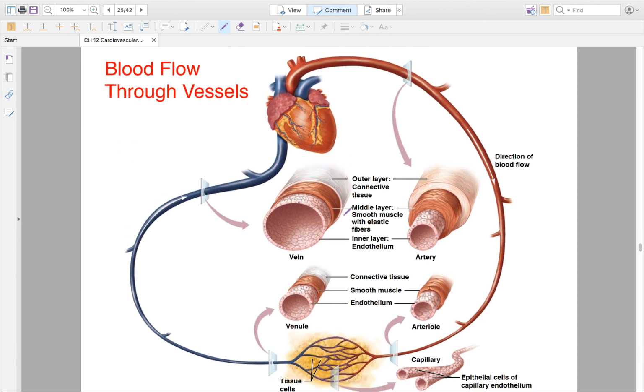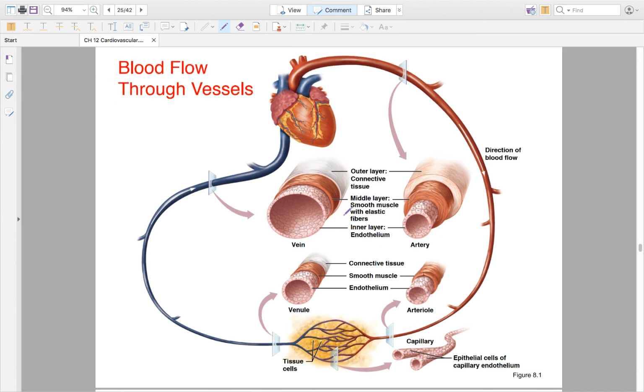Okay, so what we're looking at here is blood flow through the vessels. Of course, this is the heart. And let's start with the arteries. So arteries, this is the aorta, and the heart we're going to get into is very complex.